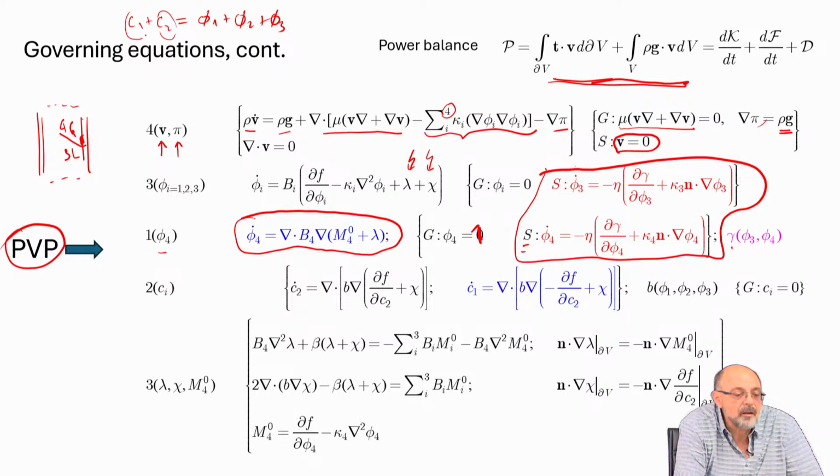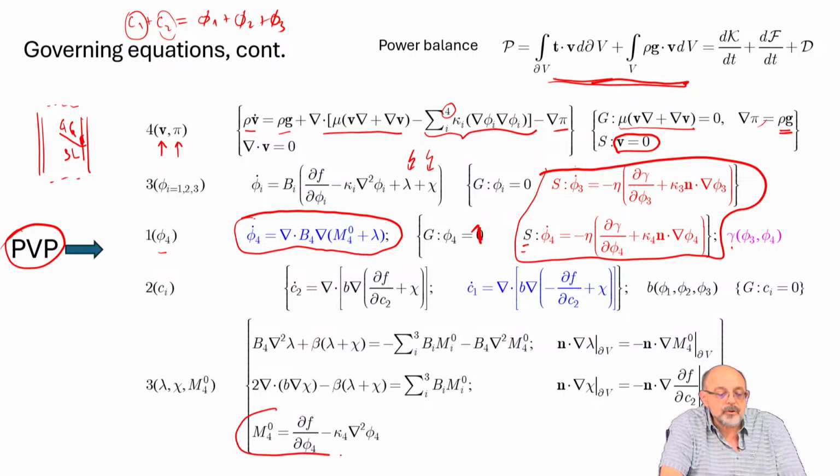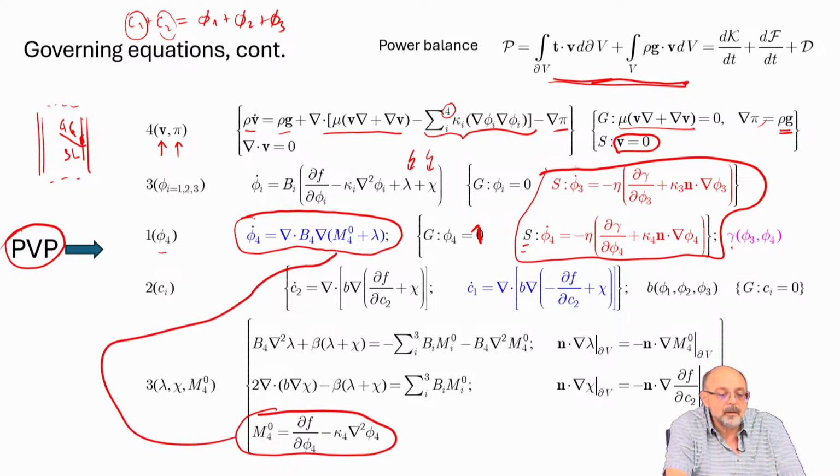I can only evolve C1, and C2 will be this minus C1. Okay. And then I have, yes, here's M4, sorry, I forgot that I have it here. So when you substitute M4 here, right, that's the fourth order Cahn-Hilliard phase field equation.